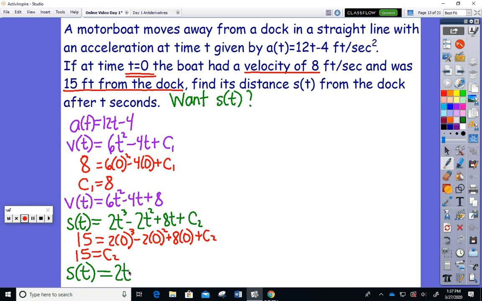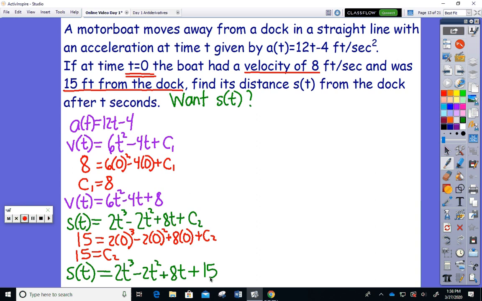And while a lot of times it is true that we plug in 0 for the t's, and finding the C1 or C2 is exceptionally easy, don't get lulled into a false sense of security, because they could just as easily say, okay, I know 2 seconds after the boat starts to drift from the dock, the position is, and then you wouldn't be plugging in 0 for t, you'd be plugging in 2 for t, and then you'd have to work things out. So just be careful. But notice that I finished with the particular solution for S of t, and that's it.